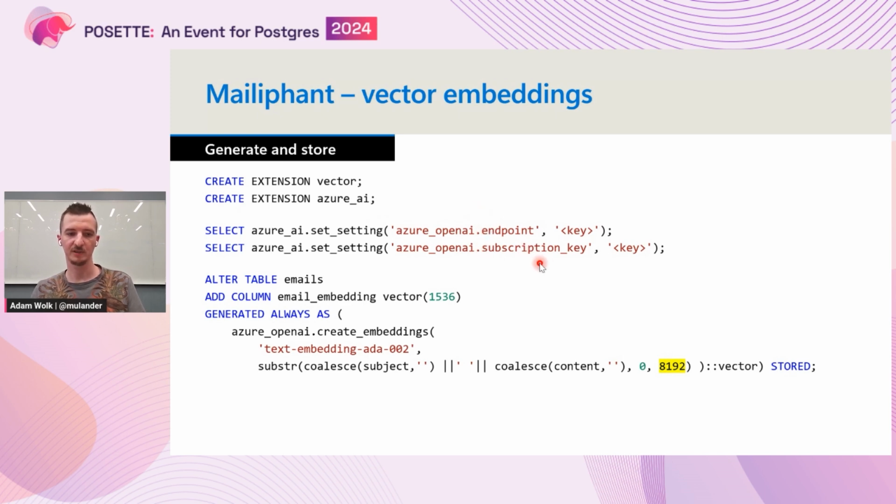We set the subscription key, and then we alter the emails table as we did with full text search, but this time adding an email embedding column of type vector, which is pgvector, of dimensions 1536, which matches what my deployment returns, generated always as a call to Azure OpenAI, create embeddings using text embedding ADA 002 deployment, where we take the subject and content, concatenate them together, trim them to roughly 8,000 characters because that's the limit of my deployment.